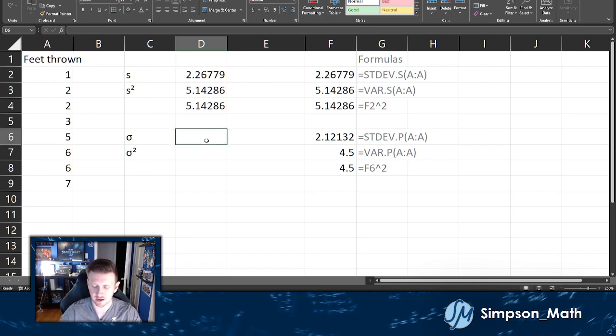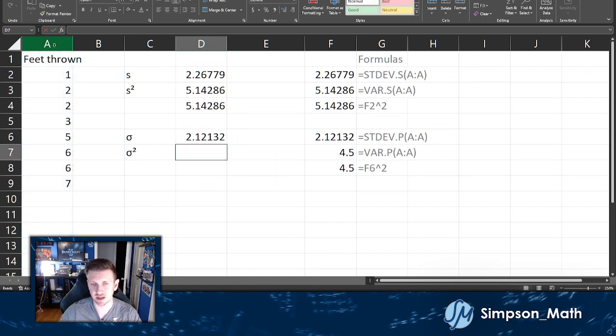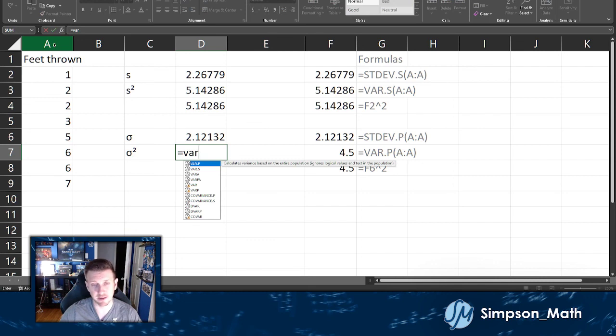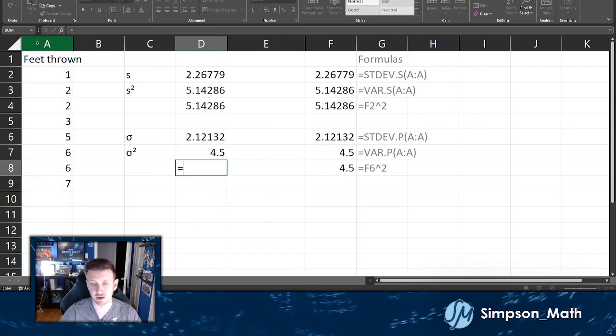And then the standard deviation P, so STDEV.P, grab the P, tab, click in the A, done, and then equal VAR.P, tab, click, done. And again, you could square it, so I could just take this number and square it. That's it.